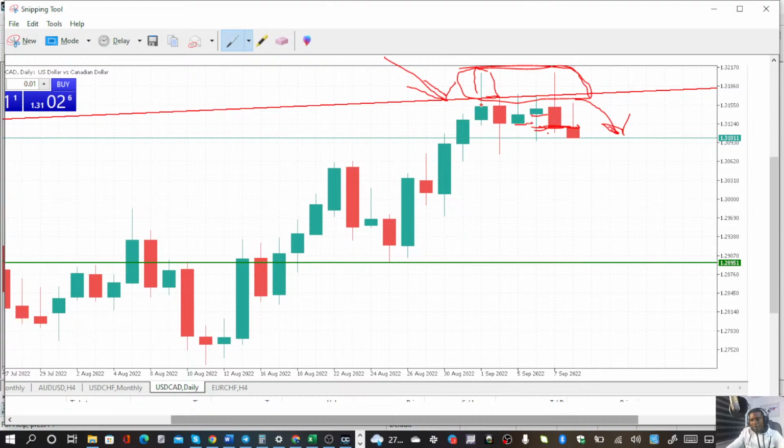Most likely price would come and touch this level, or touch this level. These are the target points for intraday traders, where you see price coming to retrace and touch, probably before going upward.